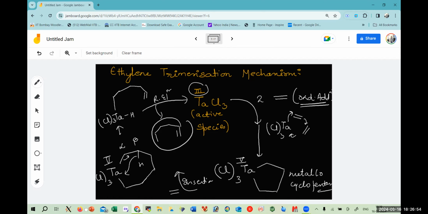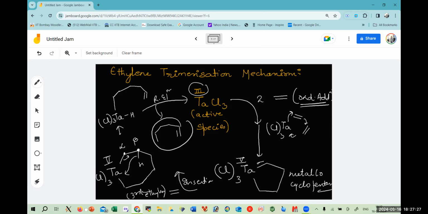So firstly, the first step involves two ethylene molecules undergoing oxidative addition, and it will form a 5-membered metallocycle kind of intermediate. Now, when I'm introducing the third ethylene at this step, it would insert into the metal-carbon sigma bond. After insertion, this 5-membered ring becomes a 7-membered ring, and in this ring we have an alpha position and a beta position.